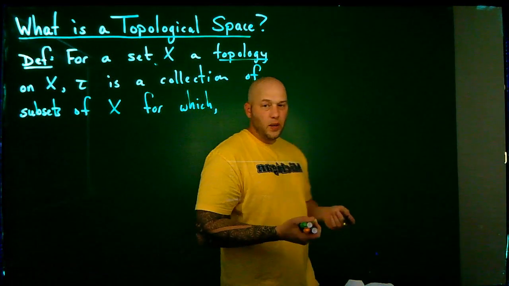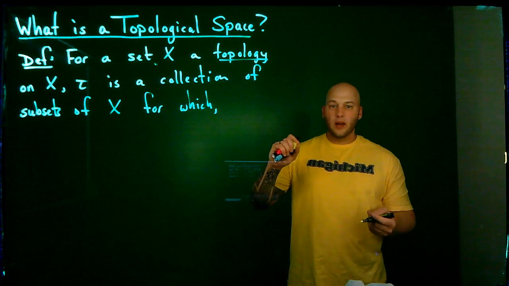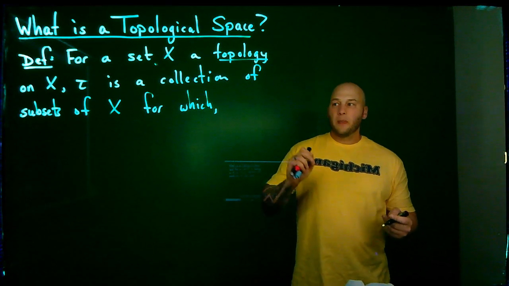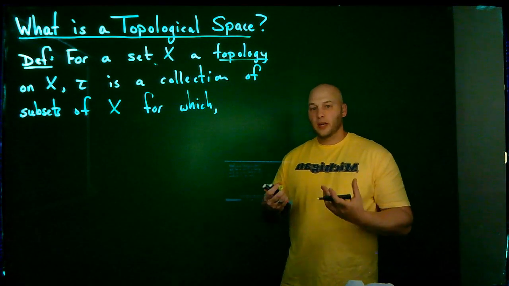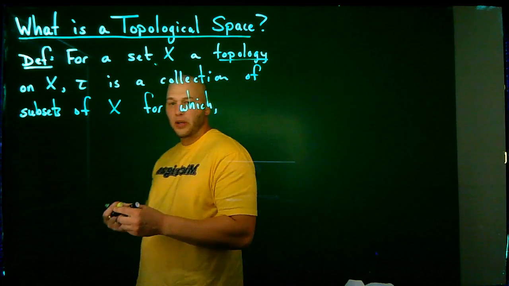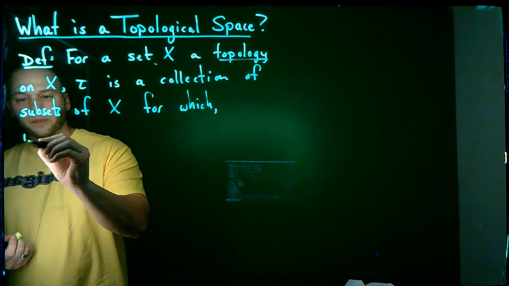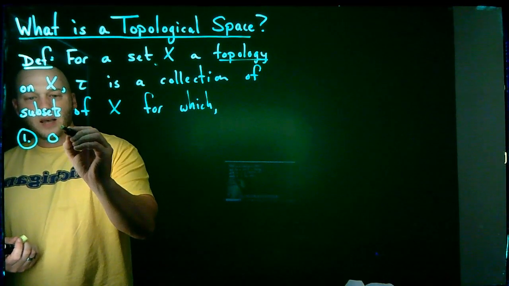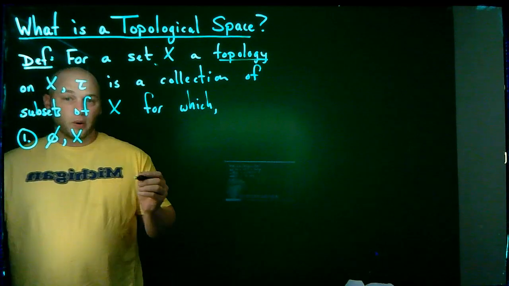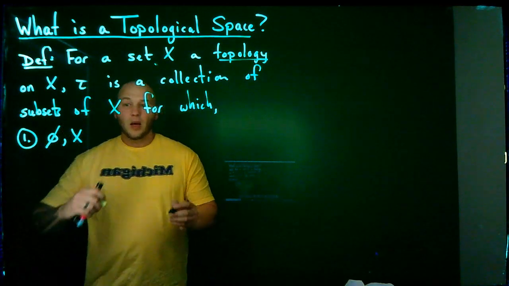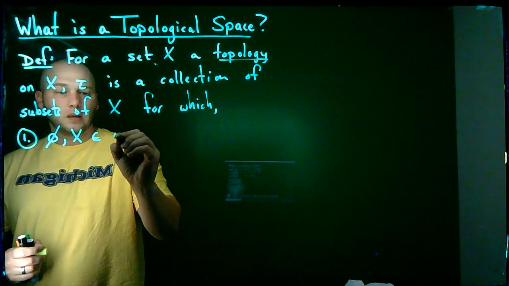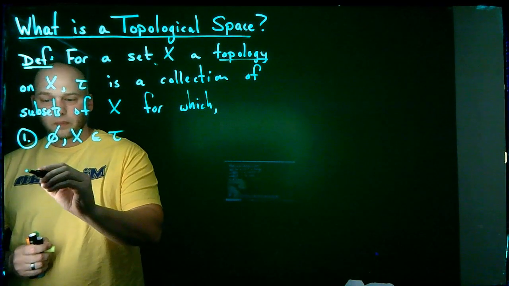So tau is a subset of the power set of X. It has to be a collection of subsets of X for which the following three properties hold. 1, the empty set and X, which of course are subsets of X, must be in the collection tau.